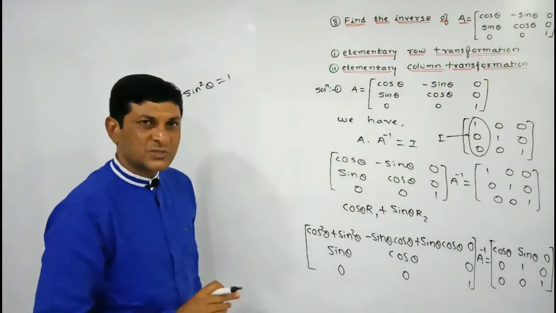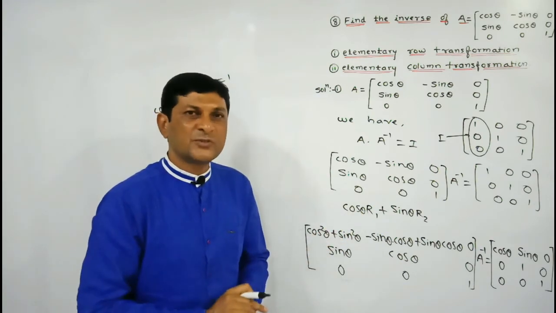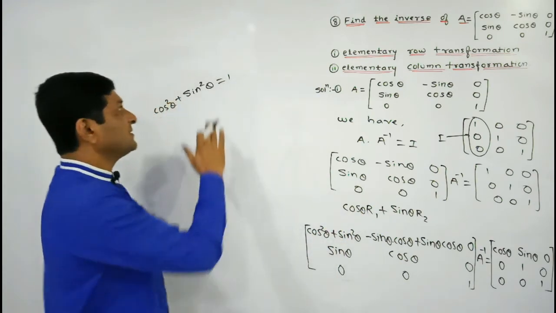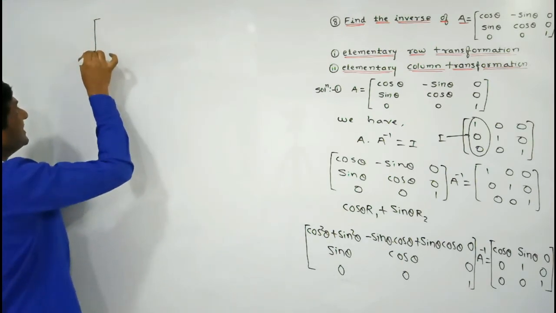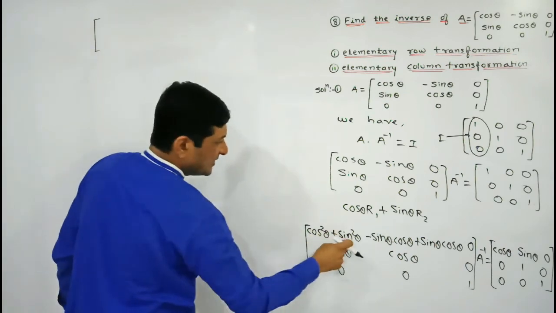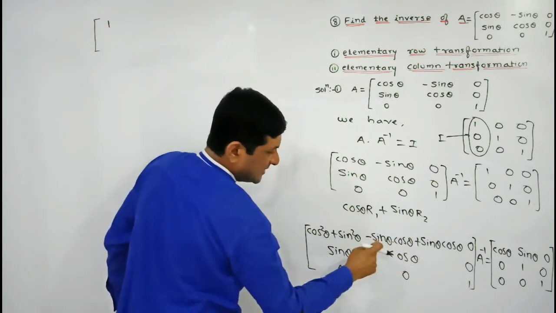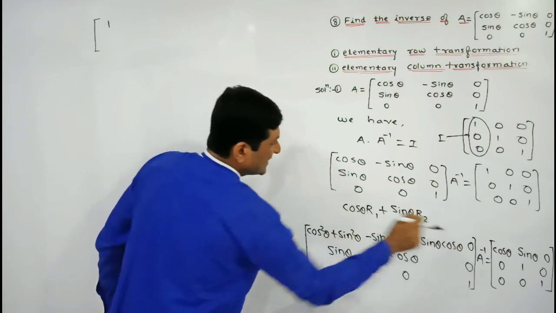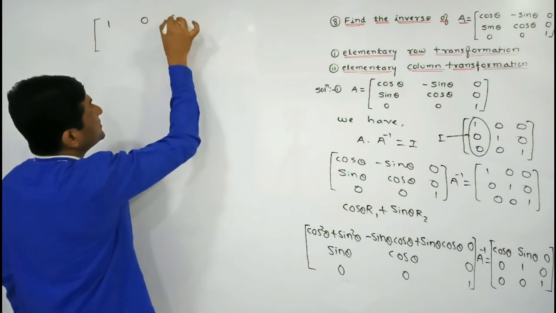Now once this operation is performed, the second step is to simplify it. So let us simplify this expression, wherever it is possible. So here cos square theta plus sin square theta will be equal to 1. Here both the terms will get cancelled. Minus sin theta cos theta and plus sin theta cos theta will get cancelled. So here we'll get 0. Then keep 0 as it is.